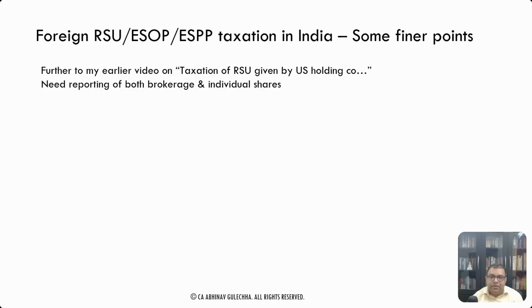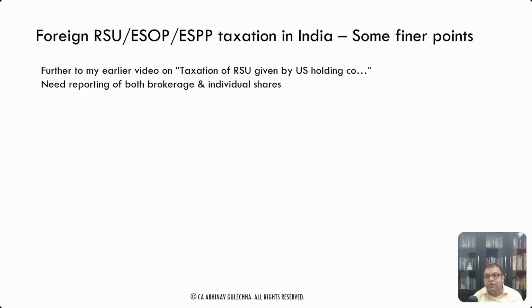As per the Indian tax law, there is a requirement to report in Schedule FA if you're a resident and ordinarily resident and you have any foreign assets. In this case, you are having foreign assets in terms of these shares, and even an ESOP is a right to buy the share, which again needs to be reported.